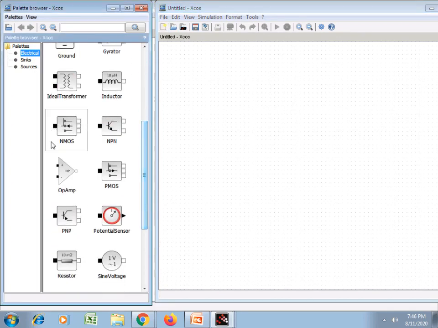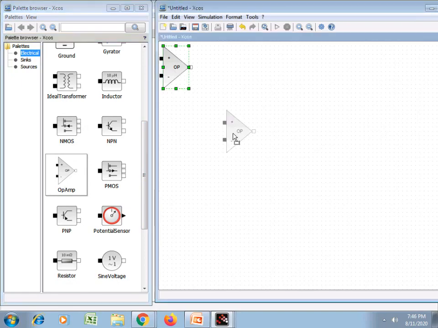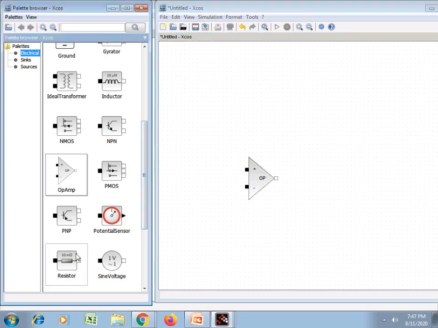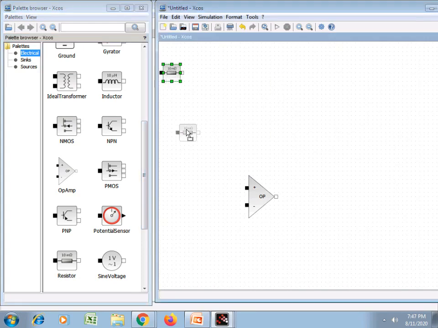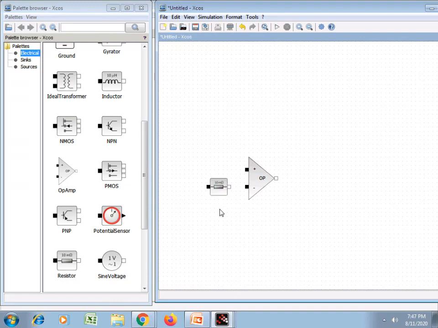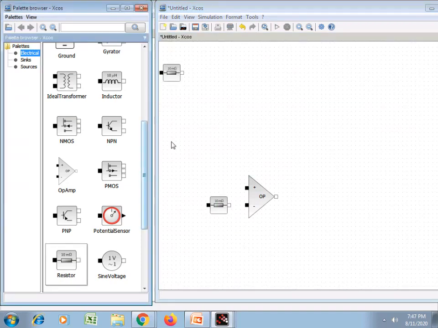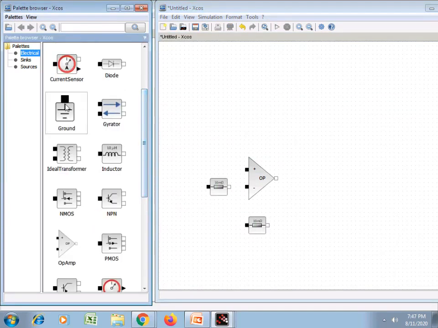So first I will take this op amp block. I positioned it here. Then I need two resistors, first and then second one, two ground blocks.